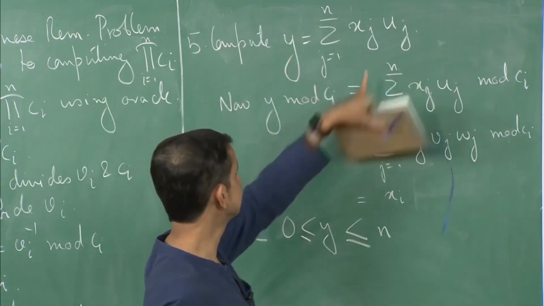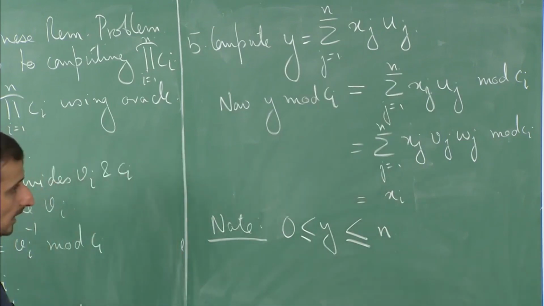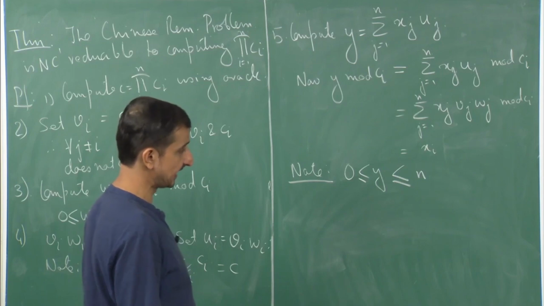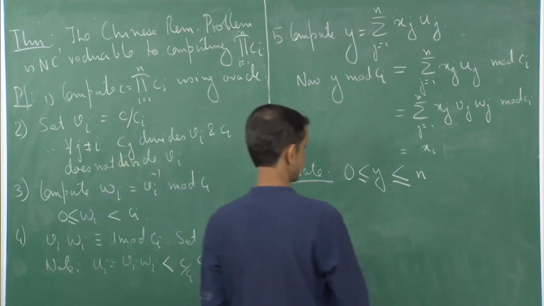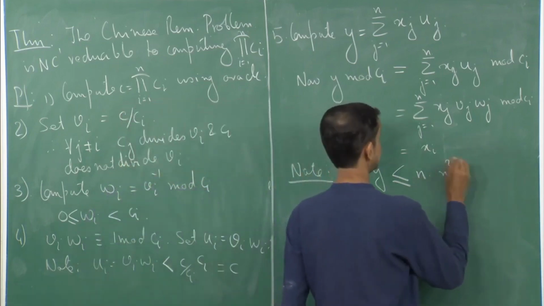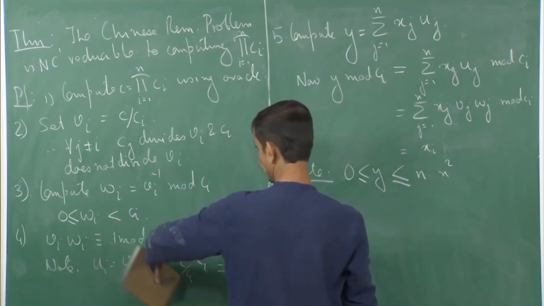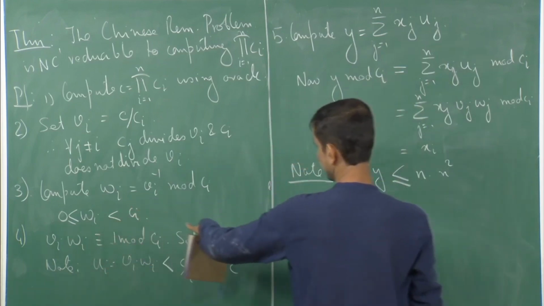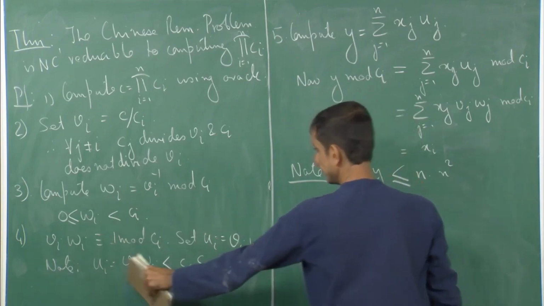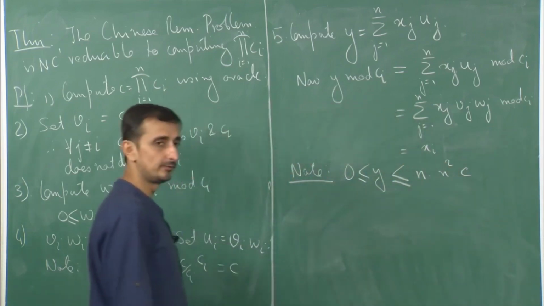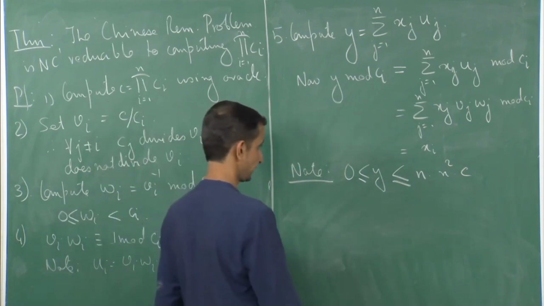Each of these xj's is bounded by ci. Each of these ci is bounded by n square. So I have n times n square, and each of the uj's we have proved is bounded by c, right? So it is n cube times c.